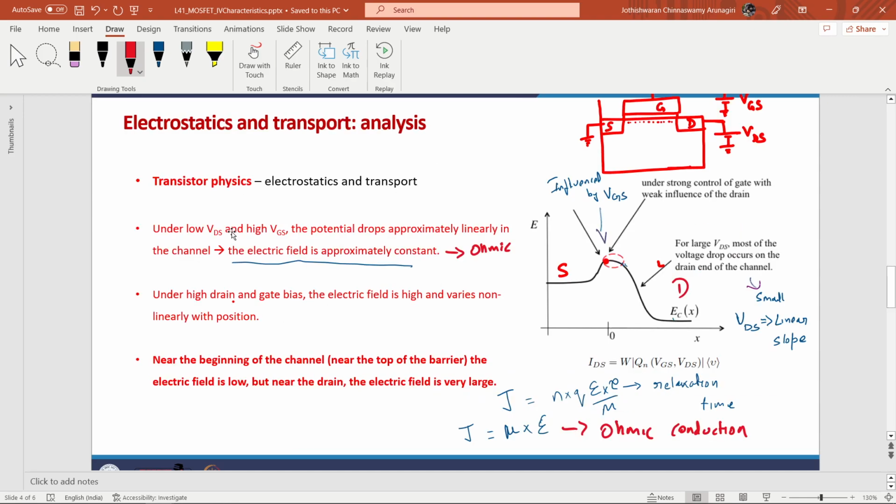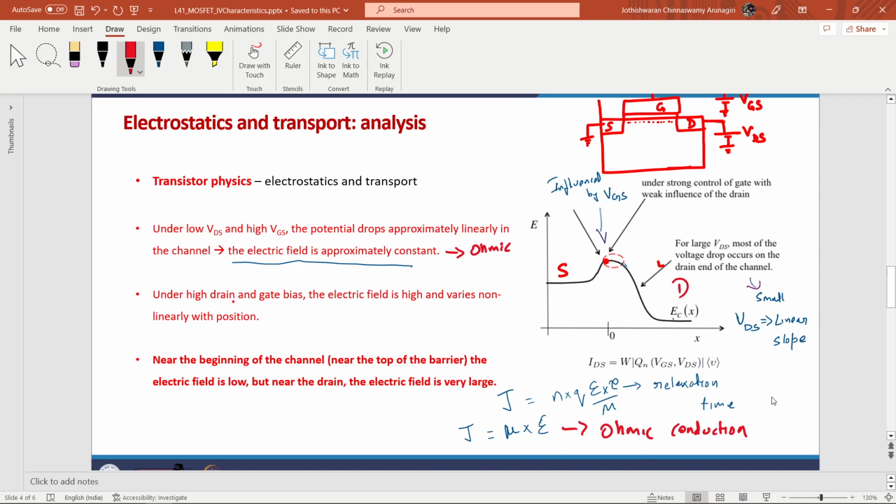After that, we have tried to develop the notion of ohmic conductance in a MOSFET. So we will have an ohmic conductance when the potential profile from the source to drain is roughly linear. And since it is linear, the electric field can be seen as constant.